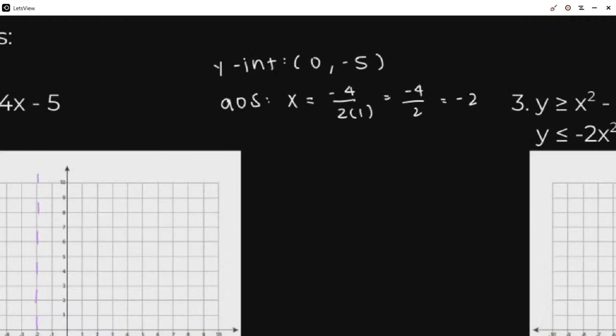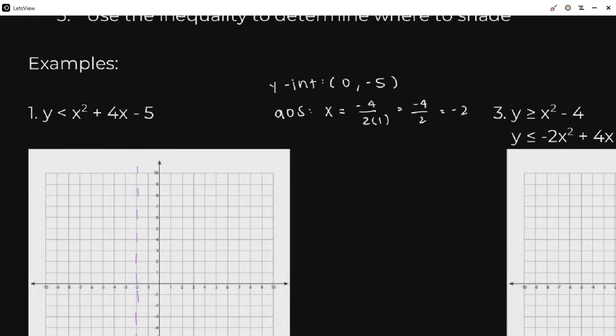Okay, now that we have our x-coordinate of the vertex, we want to plug this in to solve for y. So for the vertex, we know the x-coordinate is negative 2, and we want to plug it in to find y. So we can change it to an equal sign, and it'll be negative 2 squared plus 4 times negative 2 minus 5.